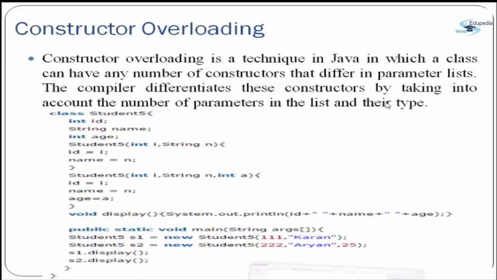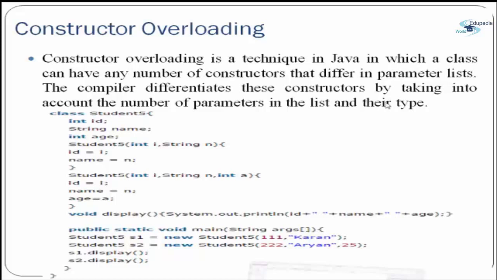You can see in this example we have a class Student5. Again we have three data members in this one: ID, name and age. Then we have created a constructor of Student5 with int i and String n as parameters, and in this we are initializing the ID and name of this class with the values that we get in the parameters.